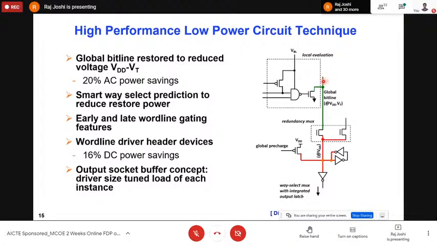So thereby the precharge is not as high as VDD, but lower than VDD. As a result, you can reduce the power on this line. Okay, so this is repeated many times because the larger the size of your memory, the larger saving it will have. Okay, so that's what it means. So these are some of the techniques I'm throwing at you, showing you how the progression has been made over the years.